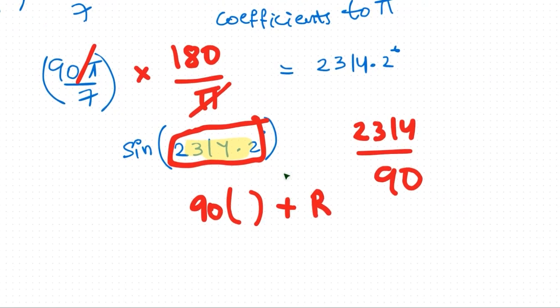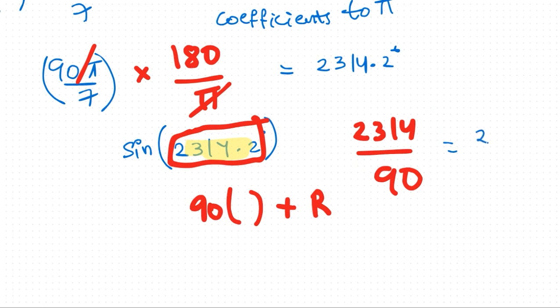How much is this angle when you divide by 90? You get 25.7.